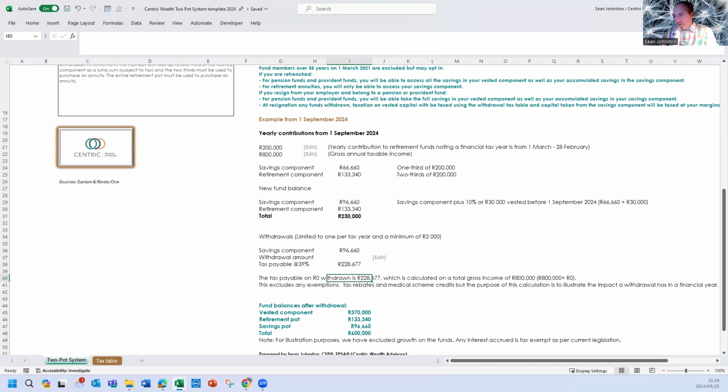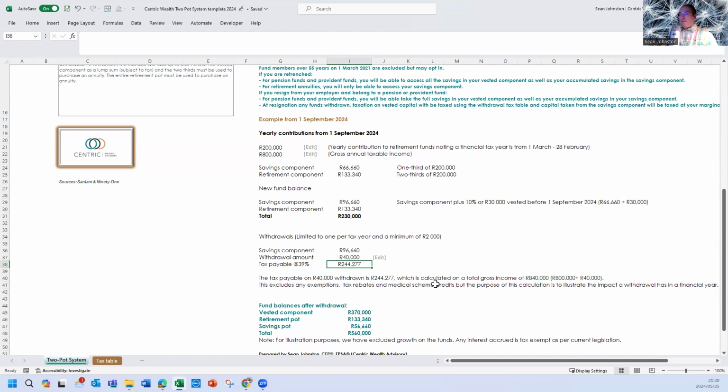I'm going to take 228,677 and I'm going to take 40,000 over here and I'll work out the tax: 244,277. Sure, you're paying 15,600 Rand extra in tax. So 40,000 minus 15,600, you actually only get a net of 24,400 from that.